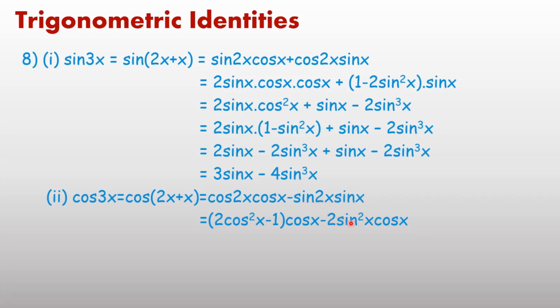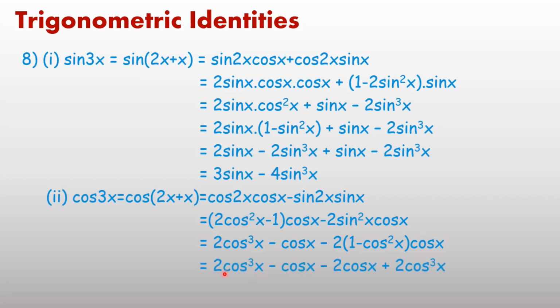Sin x into sin x is sin square x into cos x. In place of sin square x write down 1 minus cos square x. Open the bracket and rearrange, you will get cos 3x is 4 cos cube x minus 3 cos x. So sin 3x formula is 3 sin x minus 4 sin cube x, and cos 3x is 4 cos cube x minus 3 cos x.